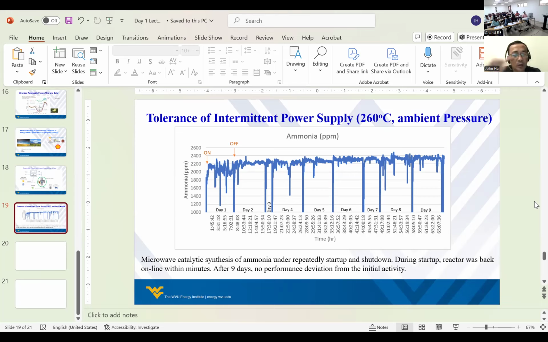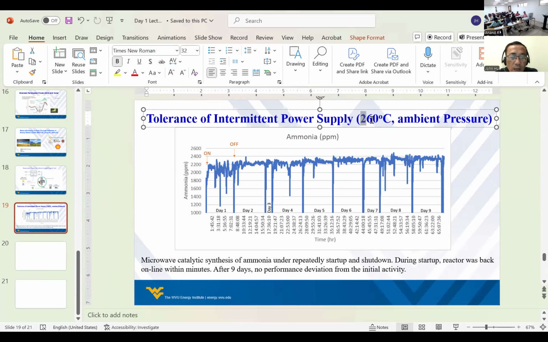Keep in mind, tomorrow I'm going to show you how the microwave heating works. Microwave heating is selective heating. Even if it is 260 degrees C, this is the reactor temperature. The actual catalyst temperature is not 260 degrees C. The actual catalyst temperature is higher, at the actual site. Follow me? Because the microwave can selectively heat the active site, the actual reaction temperature is probably 450 degrees C.